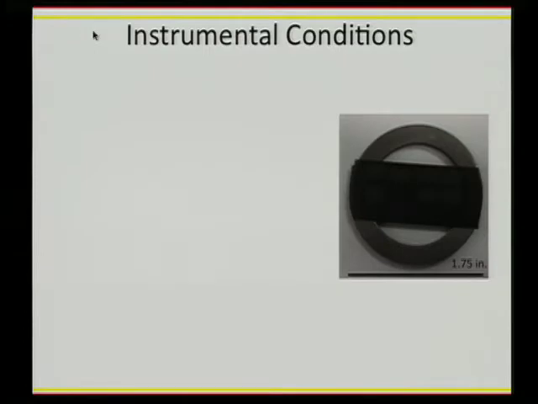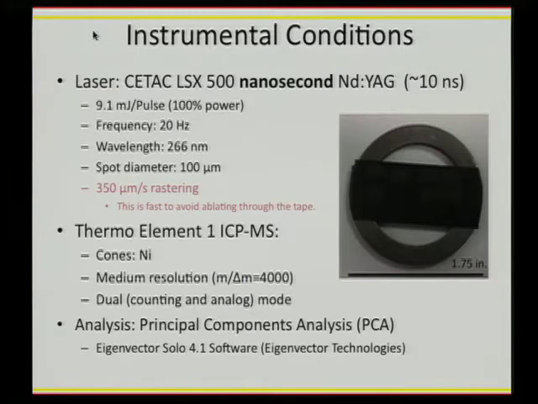So here are some of our instrumental conditions. I'm not going to go over this in too much detail, but I would like to draw your attention to the raster speed. This is very rapid, and that's just because we don't want to ablate straight through the tape.